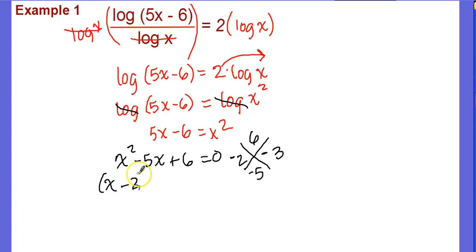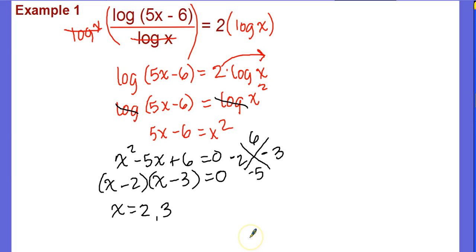So we have x minus 2, x minus 3 equals 0. You can probably see your zeros now. X is either equal to 2 or it's equal to 3. And of course, at this point in our careers, we're skipping the step of setting each quantity equal to 0. We can do it in our head.